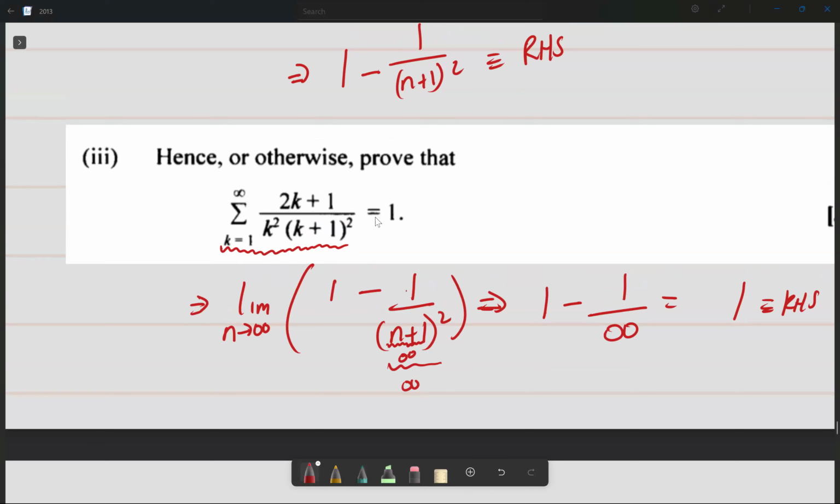Yeah, I switched it out with infinity, because this entire sum is going to be what we calculated earlier, 1 minus 1 over n plus 1 squared. But the n in this case is infinity. Okay, that makes sense. I was just wondering where you took it. So you have the limit of 1 minus 1 over n plus 1.